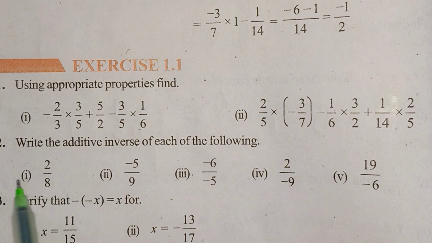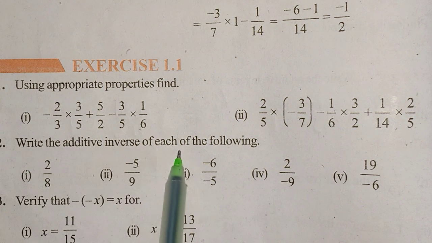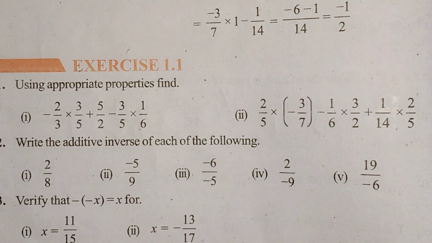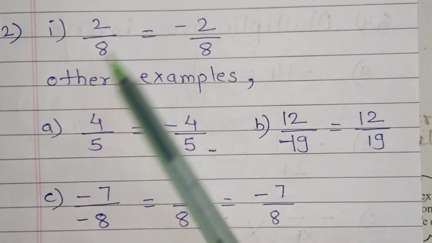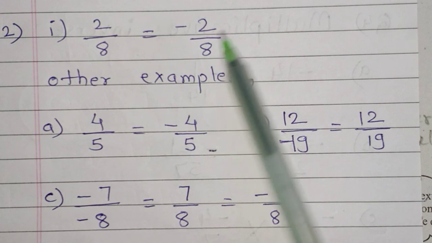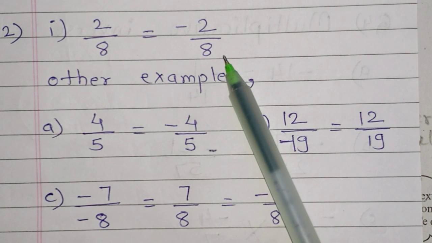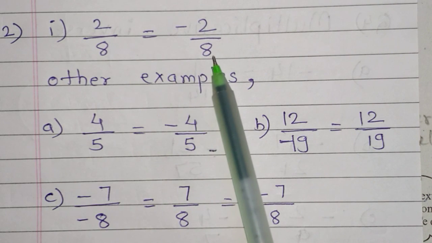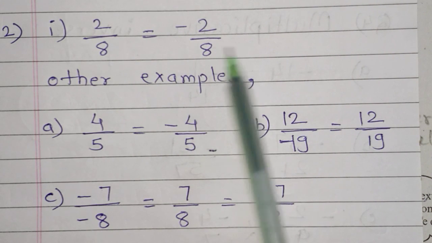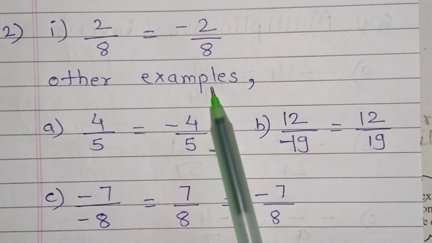Now let's see the next one. Write the additive inverse of each of the following. Just now we have seen the additive inverse. So 2 upon 8, its additive inverse is minus 2 upon 8, because when we add 2 upon 8 plus minus 2 upon 8, we get the answer 0. I will give some other examples which are not in your textbook.